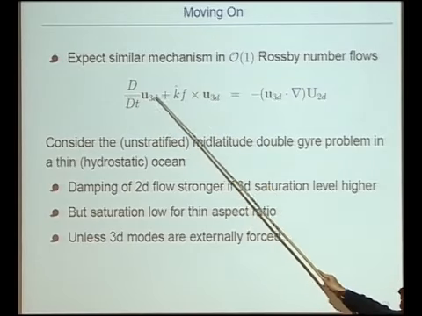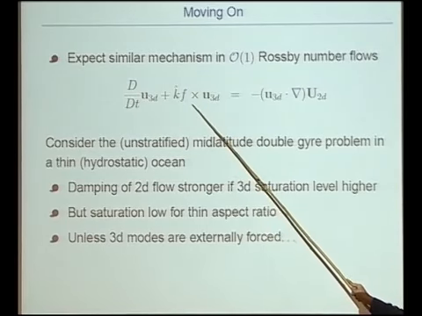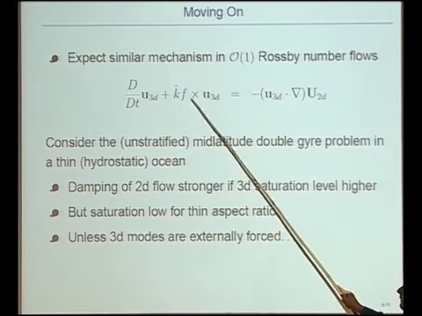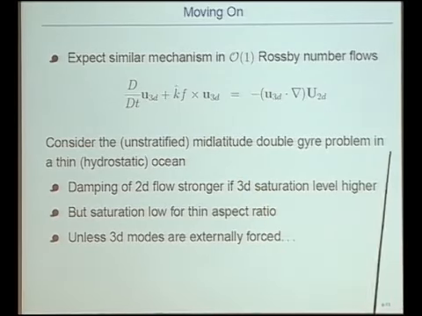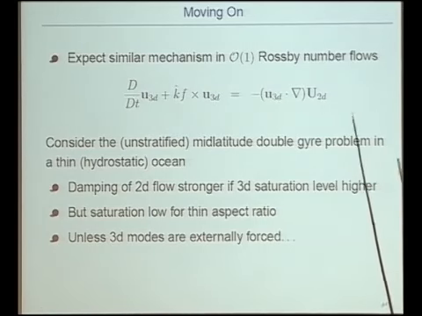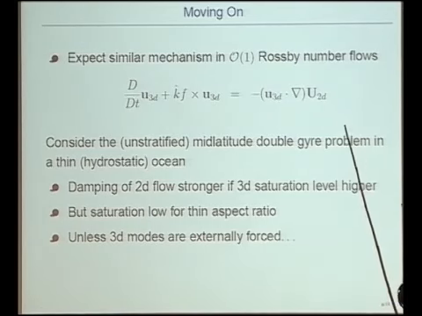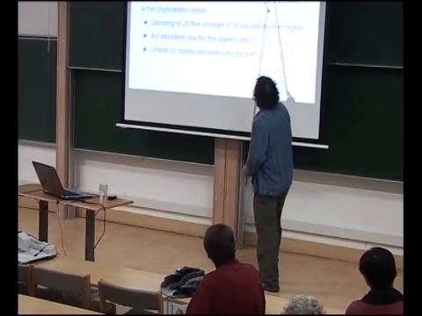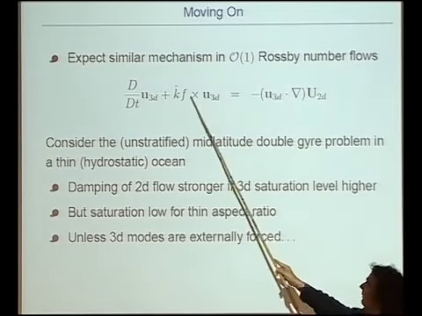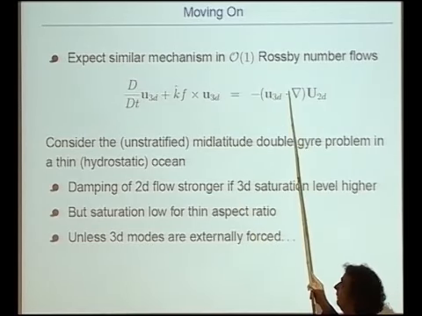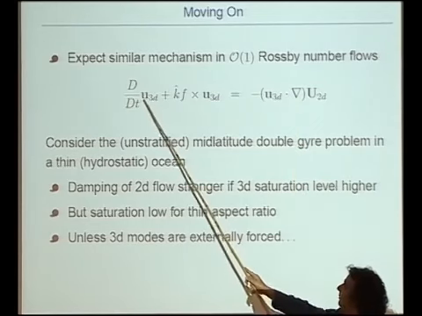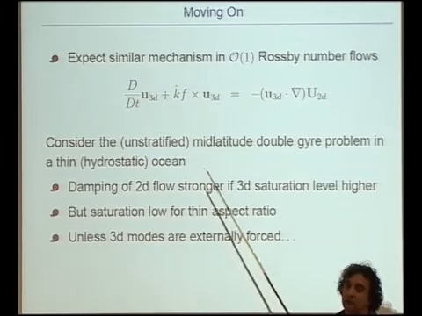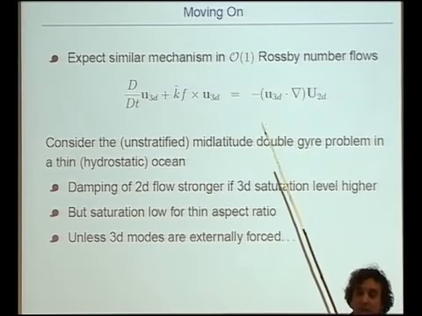Moving on, I want to put rotation back into it, in fact, a beta plane. Obviously, if we're at small Rossby number, the d by dt term can just be balanced by Coriolis, and you don't necessarily get any growth. You would just get inertial oscillations. However, if we're in a region of the ocean where Rossby numbers are close to 1, you would expect this mechanism to still give you some growth.